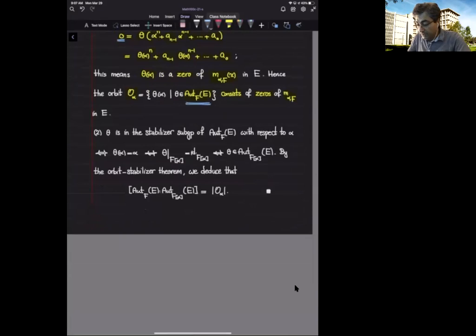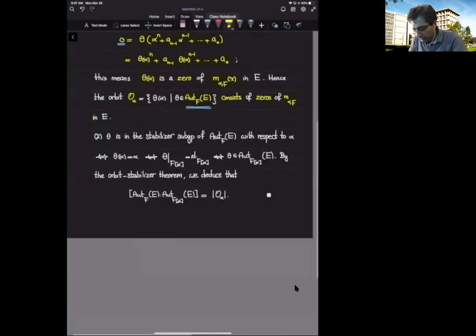And the other thing that we notice is that if theta is in the stabilizer subgroup of the F automorphisms of E with respect to alpha, what does that mean? This means theta of alpha is alpha, and that implies, because we already know the restriction of theta to F is the identity of F, that the restriction of theta to F bracket alpha is the identity map from F bracket alpha to itself.